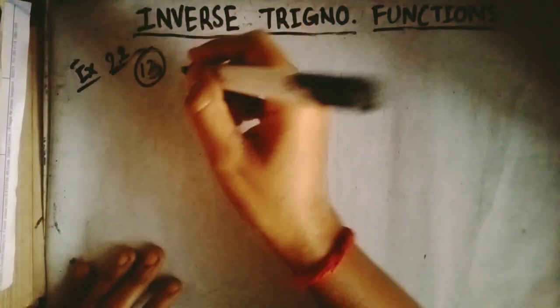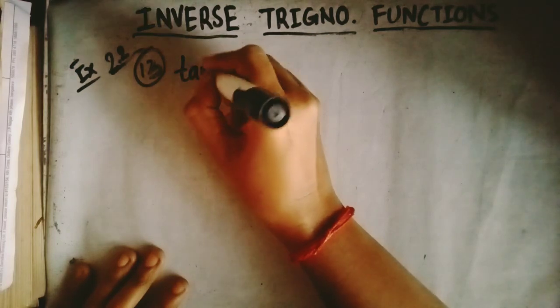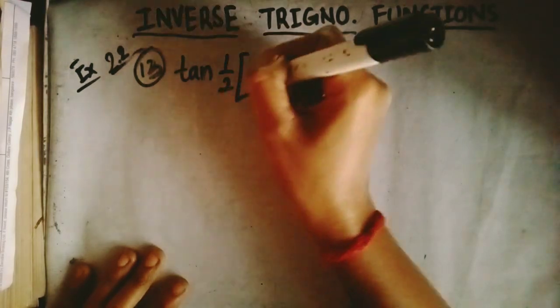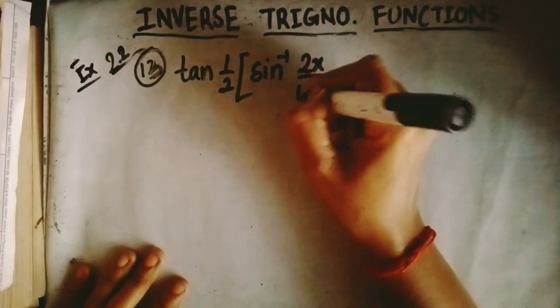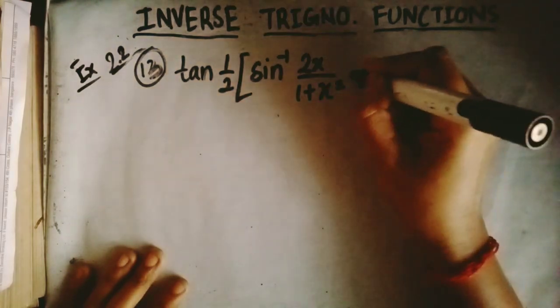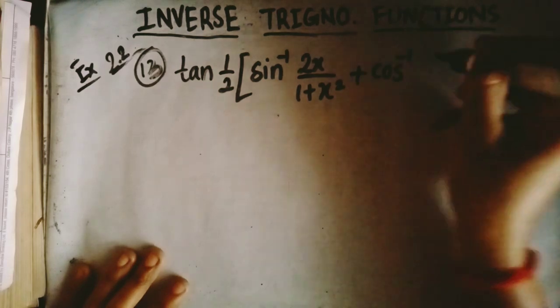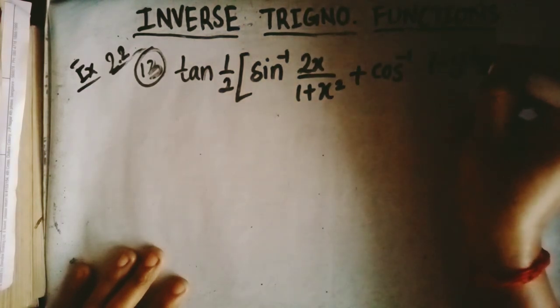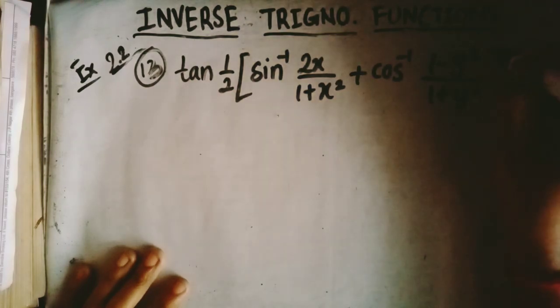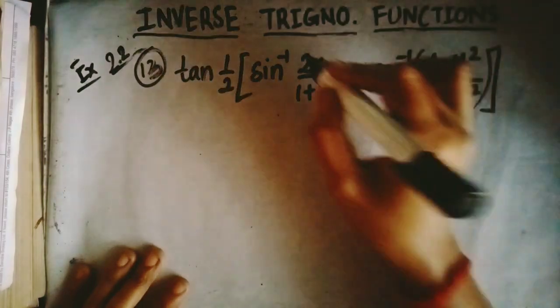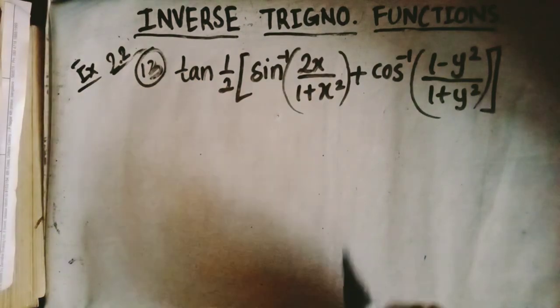Question number 13. Tan half of (sine inverse of 2x upon 1 plus x square plus cos inverse of (1 minus y square) upon (1 plus y square)). Now to solve this, first you have to solve the bracket.